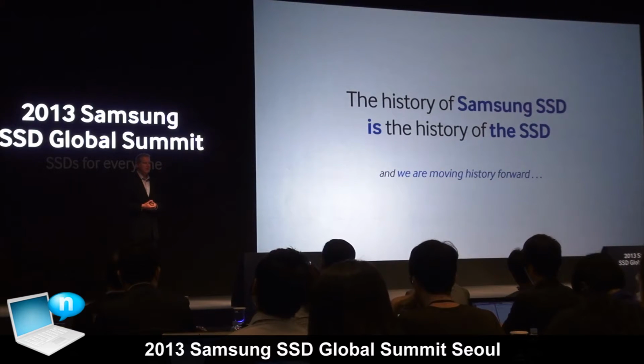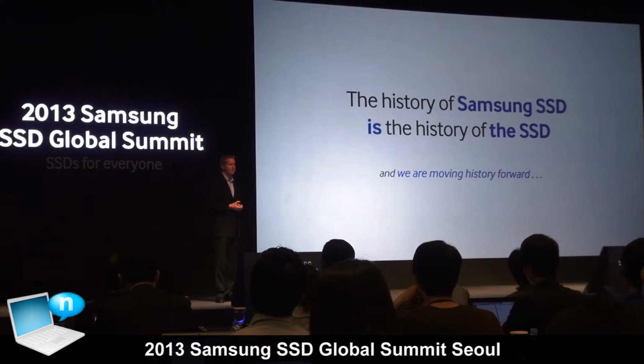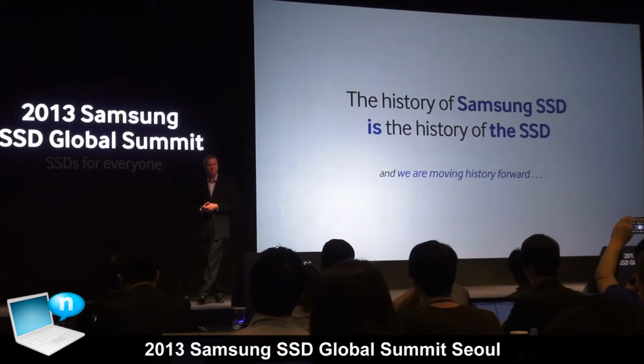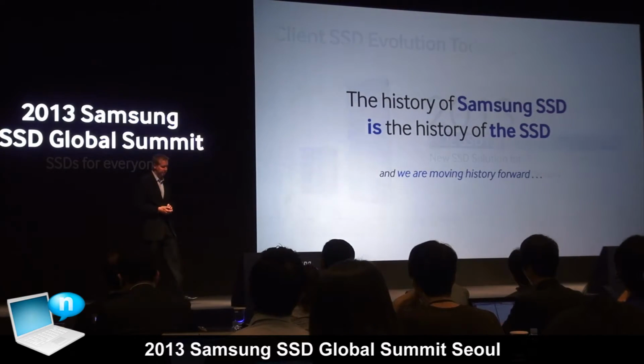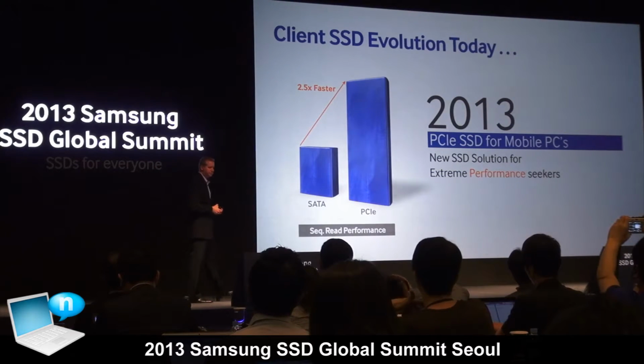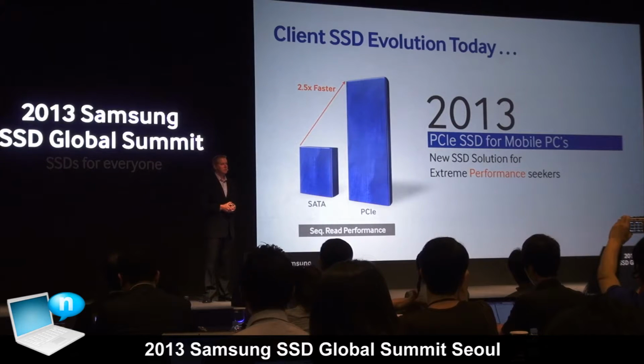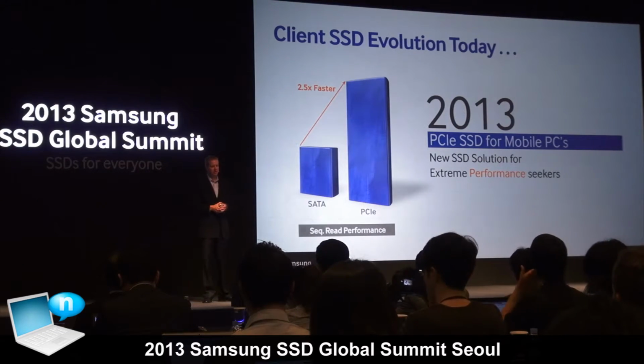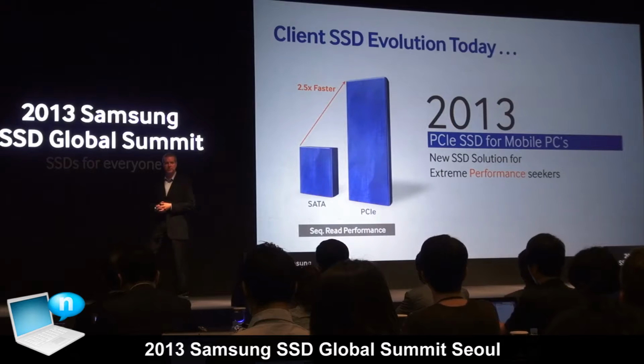So if you really think about it, the history of Samsung SSD is, in a sense, the history of SSD, and we are moving that history forward. So let's talk a little bit now about our vision for the future and what we have coming down the pipeline. Client SSD evolution. In 2013, PCIe SSD became available for extreme performance seekers.